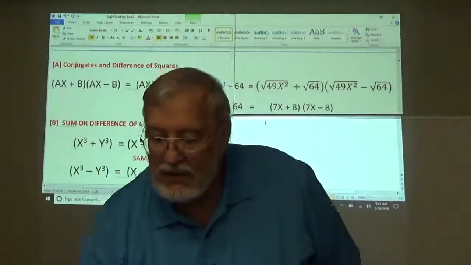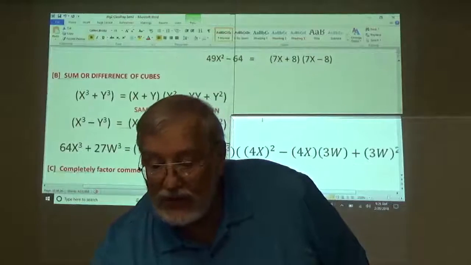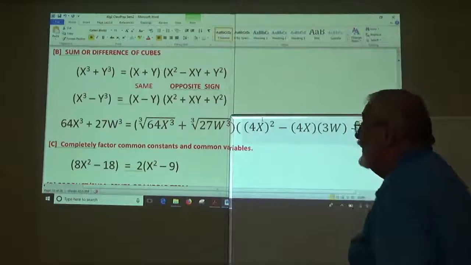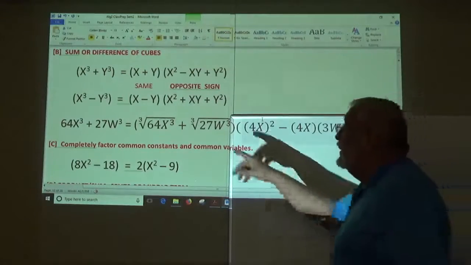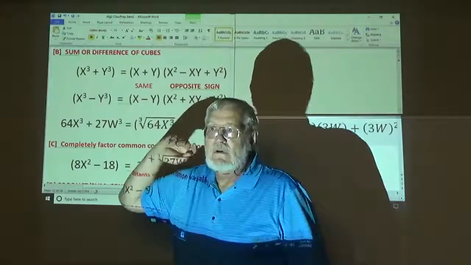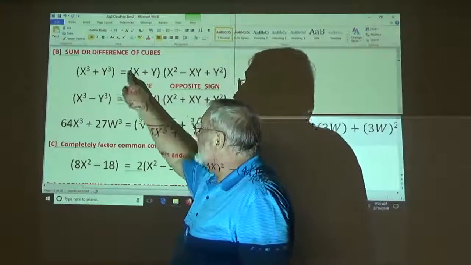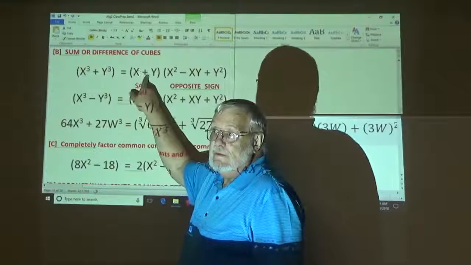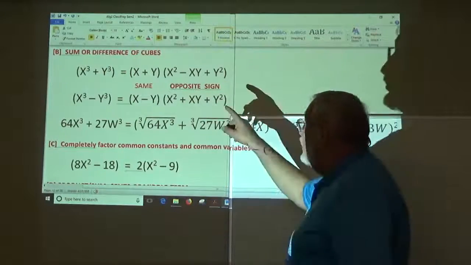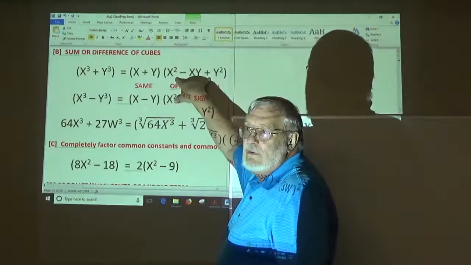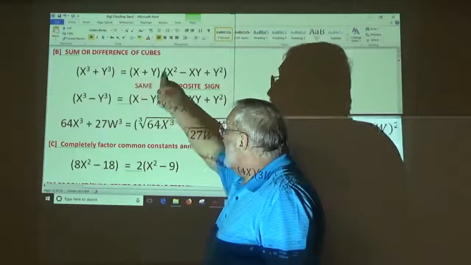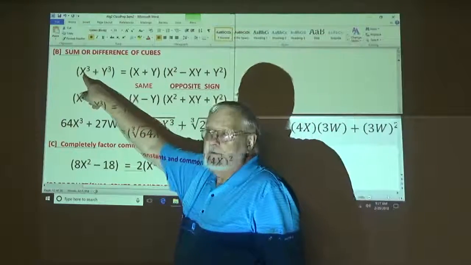Okay, now, for Algebra 2, you also have to know the sum or the difference of cubes. Whenever you have a cube of a number and a cube of a number, you're going to have the same sign and the cube root. Then you will have an additional polynomial that will have the square, so that what is x times x squared?